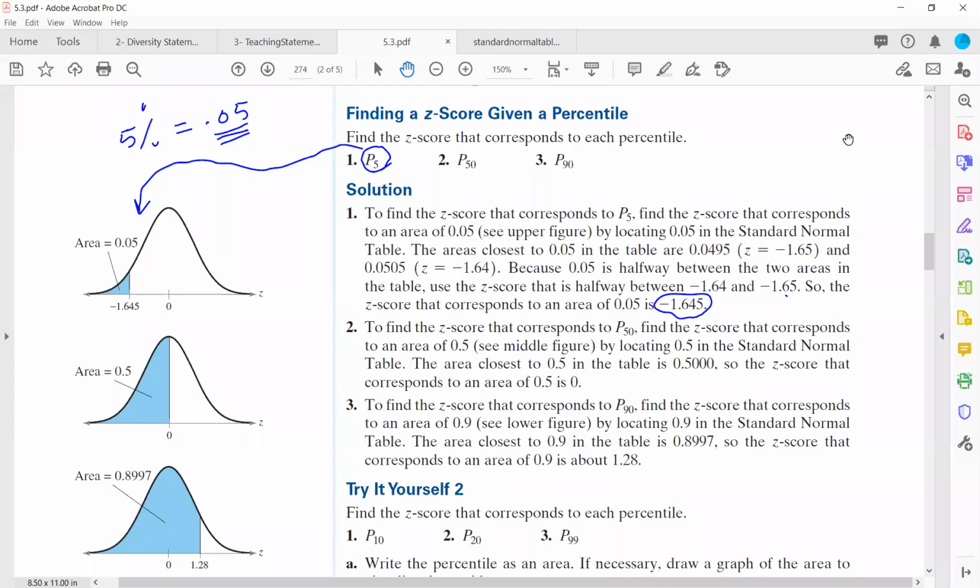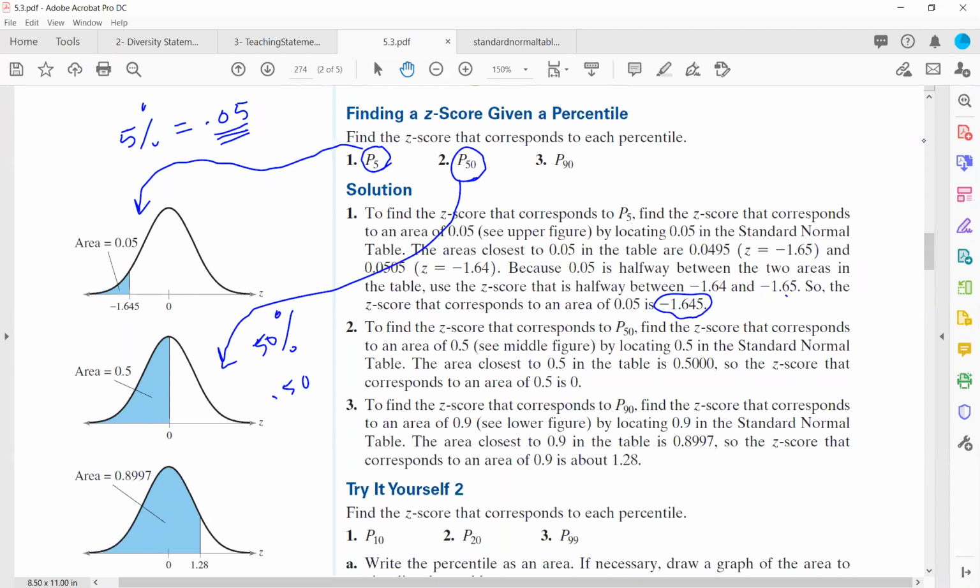The second one says the 50th percentile. 50% of the area to the left-hand side. 50%, or 0.50. For this 50th percentile, you don't have to use your table.